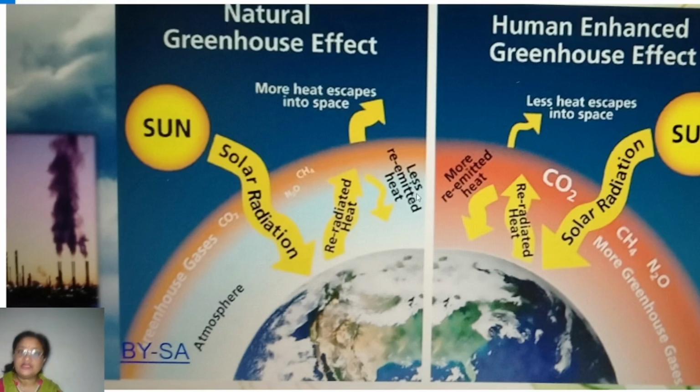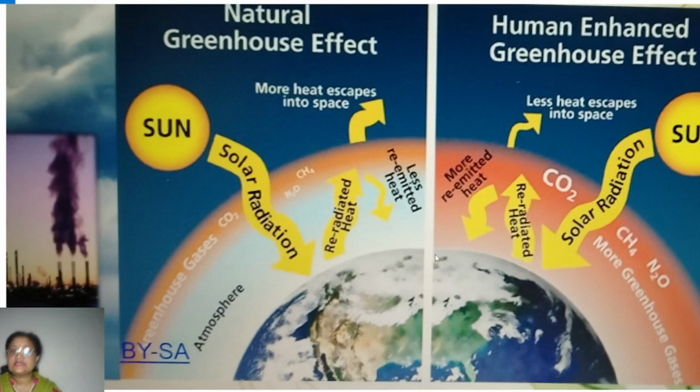In the natural way, when these gases are present in less quantity, the heat budget is maintained, right? Solar radiation is coming to us and is received as incoming solar radiation by the earth's surface. Again, it is released back to the atmosphere. To some extent, it is held by these greenhouse gases. This is called the natural greenhouse effect, right?